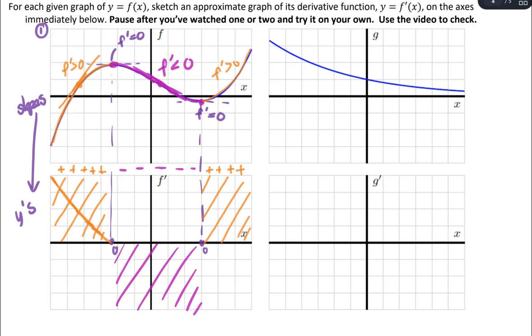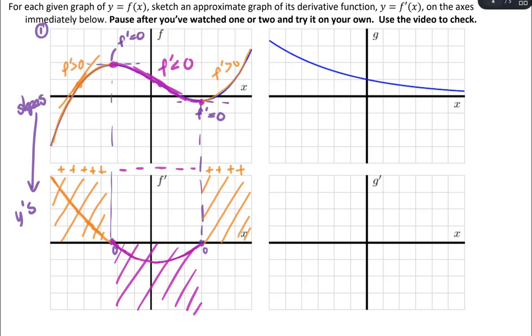So on the graph down below, my y values are 0, and then they start to get a little bit negative, and they get a little bit more, and somewhere in the middle, we get the most negative y value, and then they start to get a little bit closer to 0. The y values get, oh, it's harder to say bigger or smaller there, closer to 0. I'll stick with that. And then we finally hit 0.